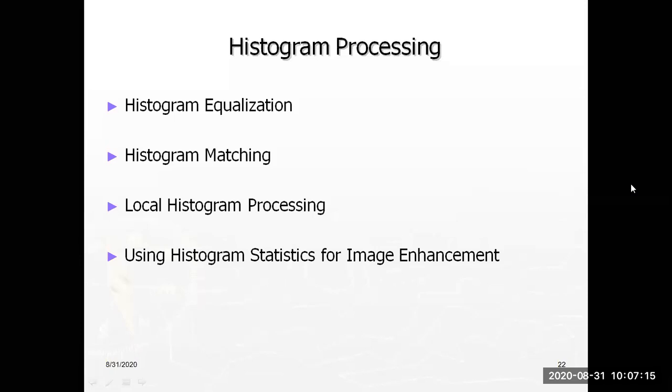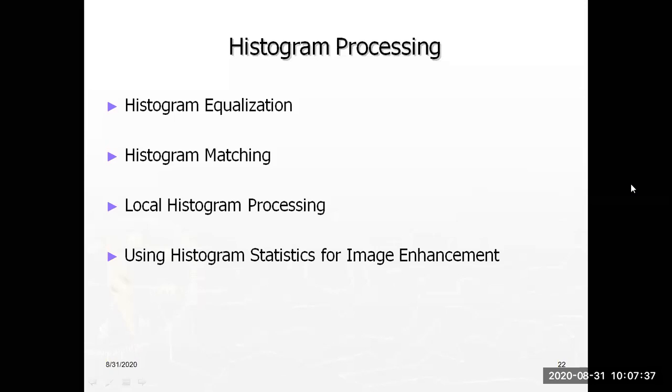Let us explain. Suppose we consider one image having M into N pixel values. In those M into N pixel values, suppose 10 pixel values have the same intensity value.